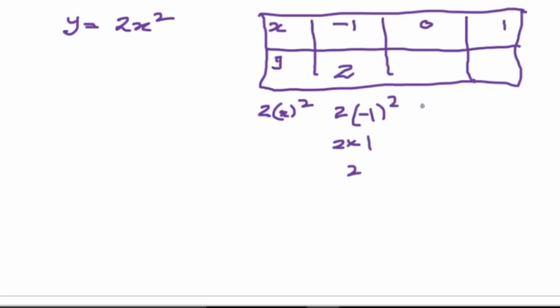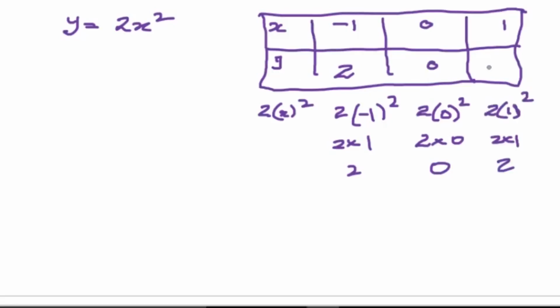The equation is 2 times x, x in this case is 0, all squared, which is 2 times 0, which is 0. Now the y coordinate that goes with the domain x equals 0 is 0. And the final one is 2 times 1 all squared, which is 2 times 1, which is a 2, and the value is 2.